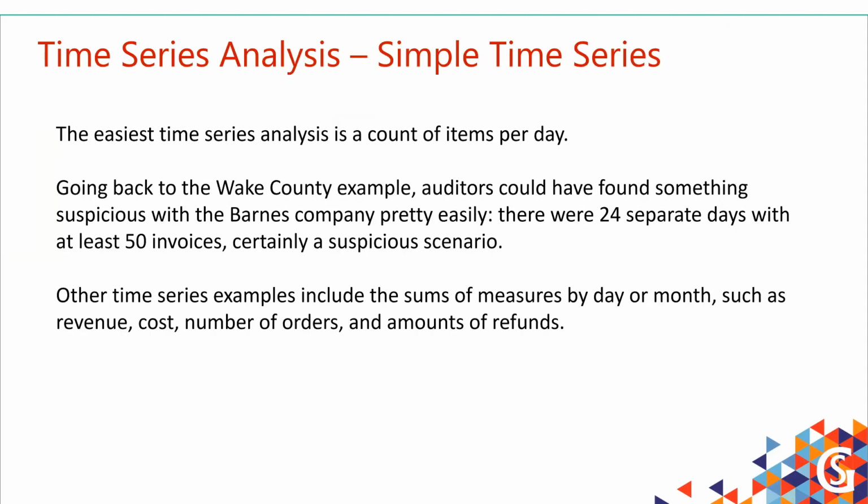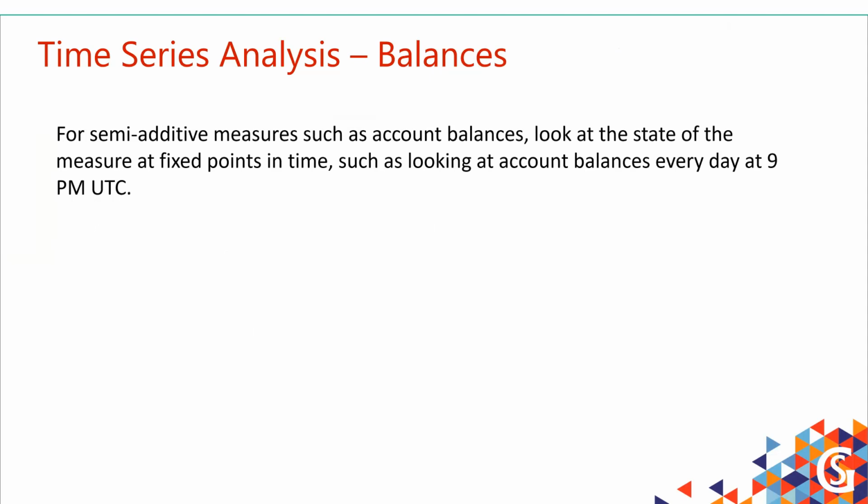Time series analysis is pretty simple. At its simplest, you could look at a count of items per day. We did some of this analysis in cohorts, looking for days with multiple invoices, looking for revenue by day, looking at months even where behavior is different. But all of those tend to work on additive measures.